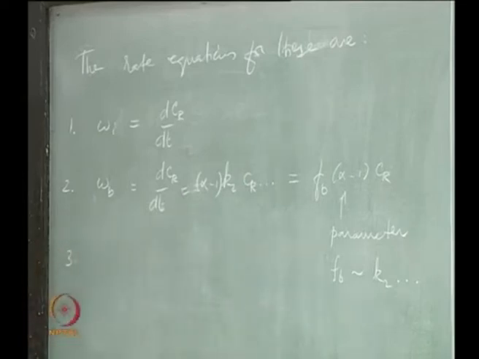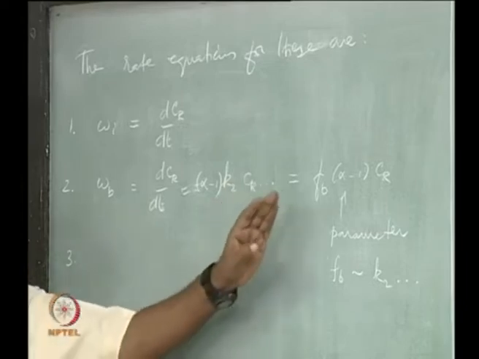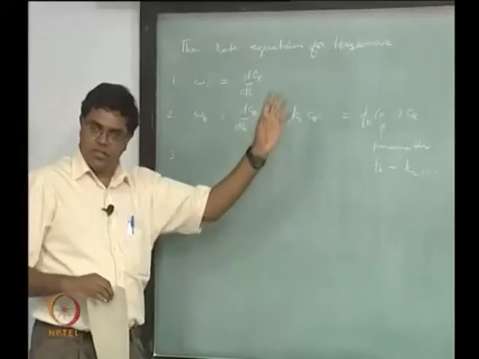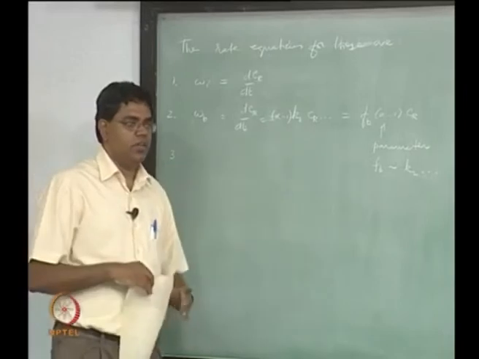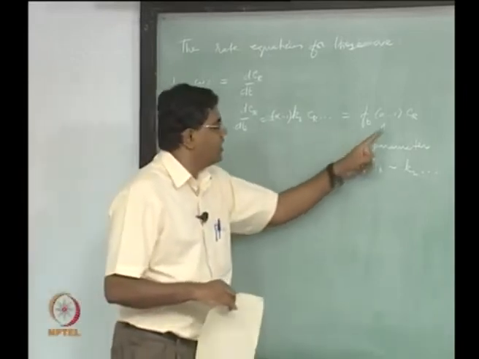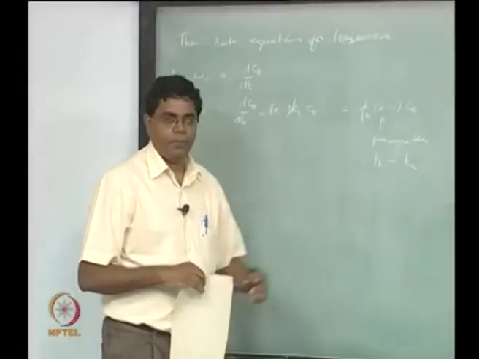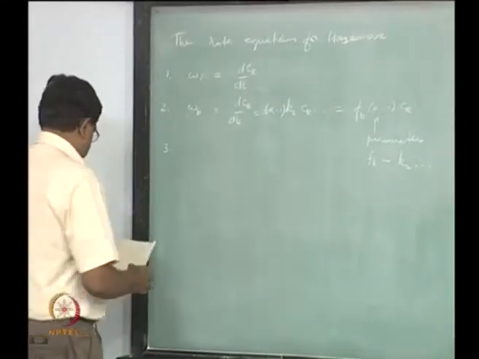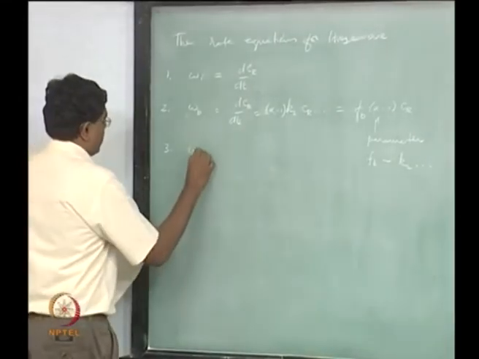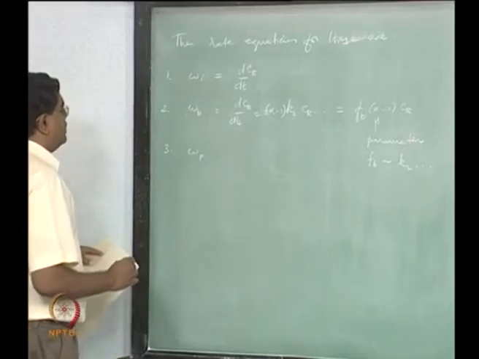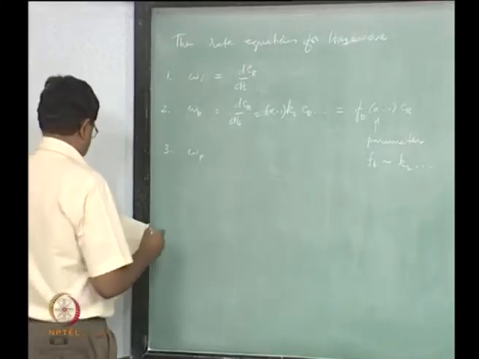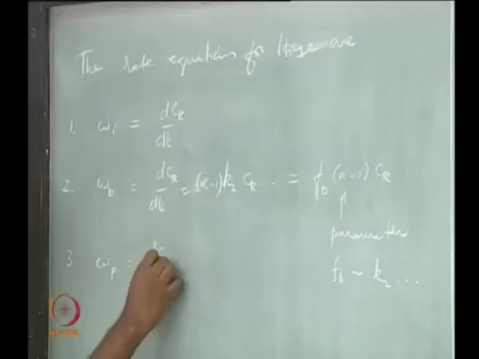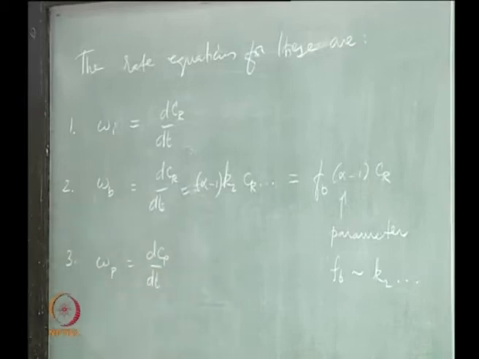So essentially what we're saying is let's deal with F's rather than K's, because the F will couch things that are not really important. What we want to explicitly keep is Cr, and this is a production step, so we will call this omega P.